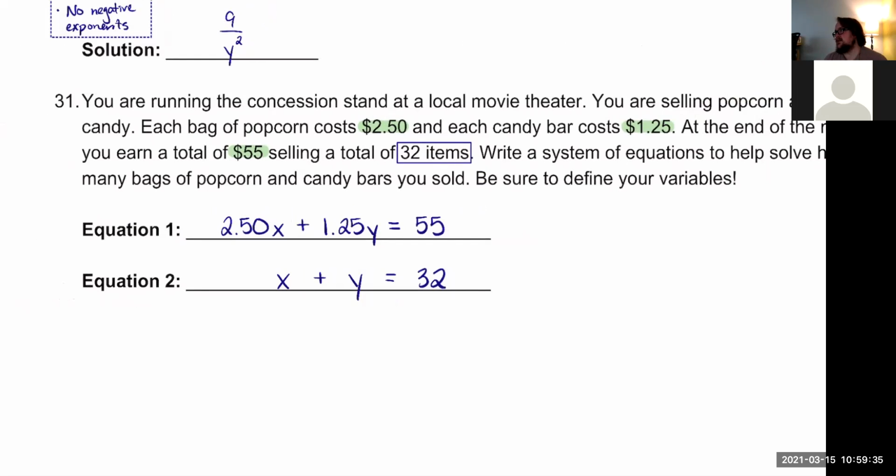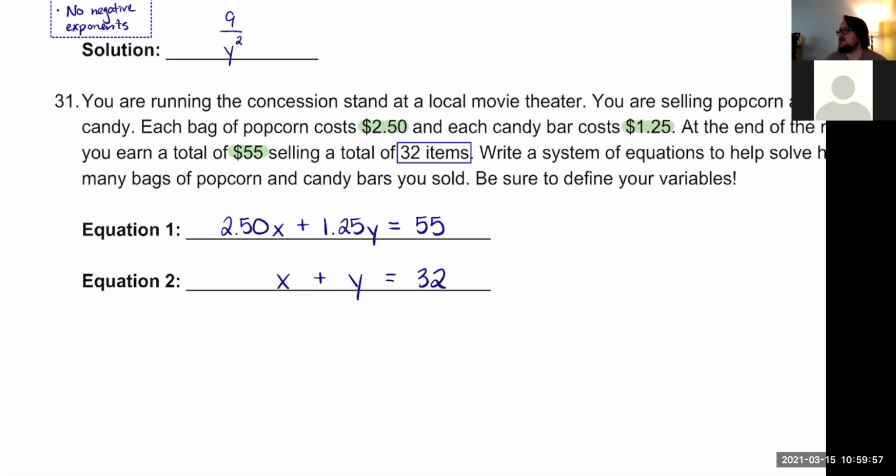Now I need to use that system of equations to actually solve. Now you actually have two choices here. I would argue that substitution or elimination both would work relatively well. So I'm going to leave it to you guys to decide for me. Would you rather use substitution or elimination? Substitution?